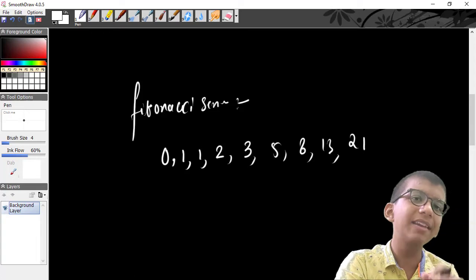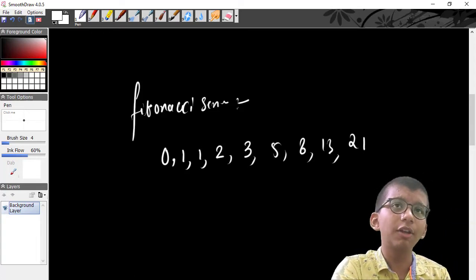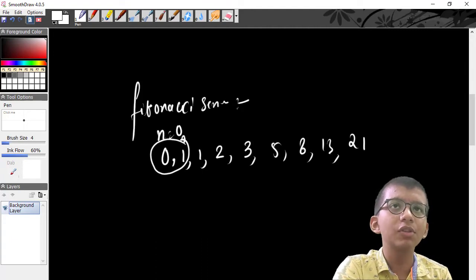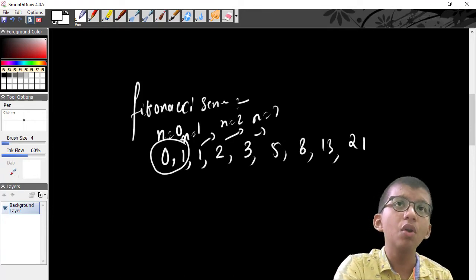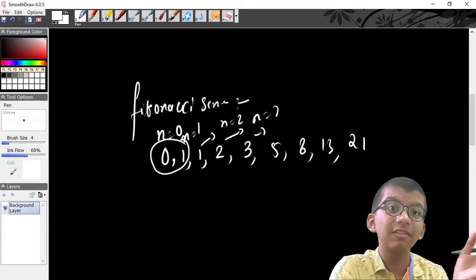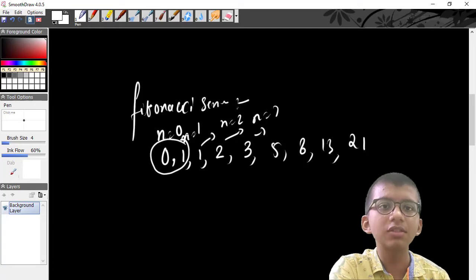So what is the pattern here? For the Fibonacci series, you can see the sum of the last two numbers. So here n equals 0, n equals 1, n equals 2, n equals 3, n equals 4. For n equals 2, you can see that the 1 is the sum of the previous two numbers.